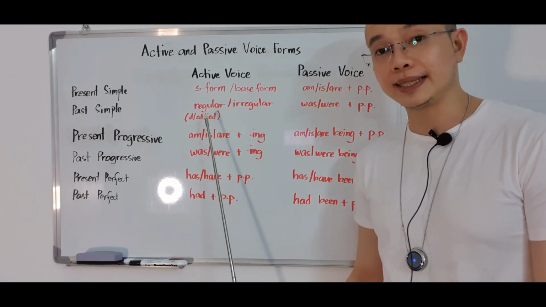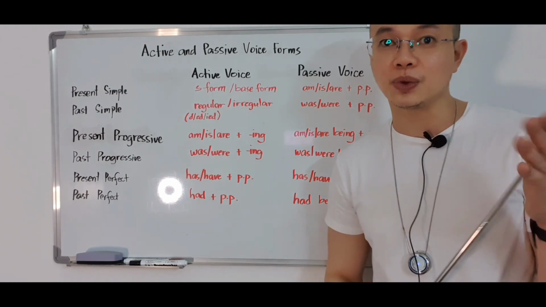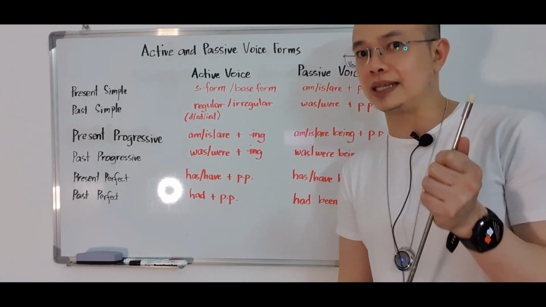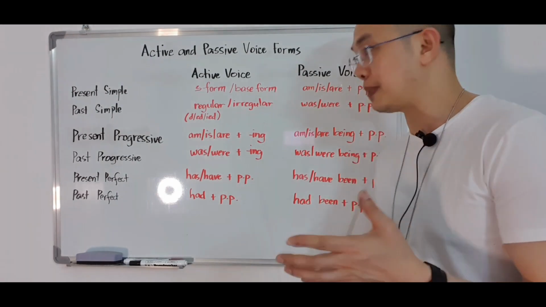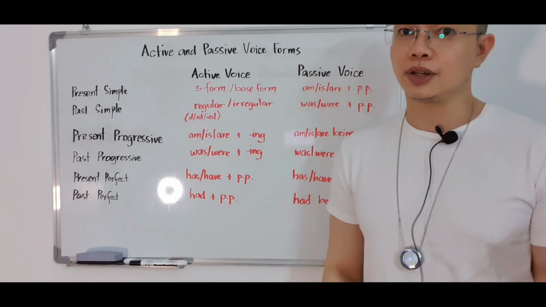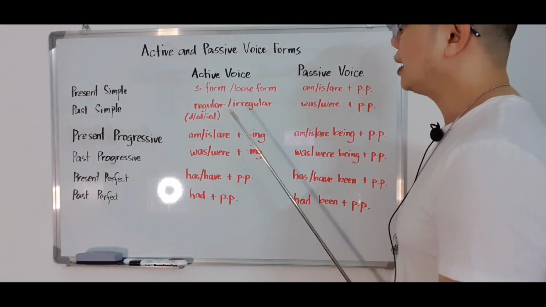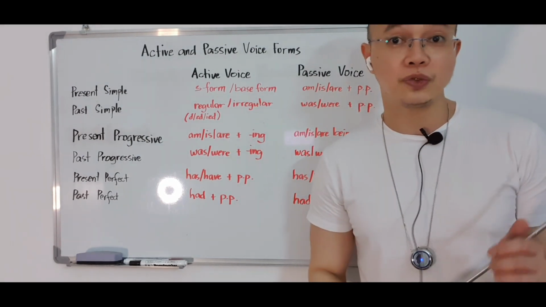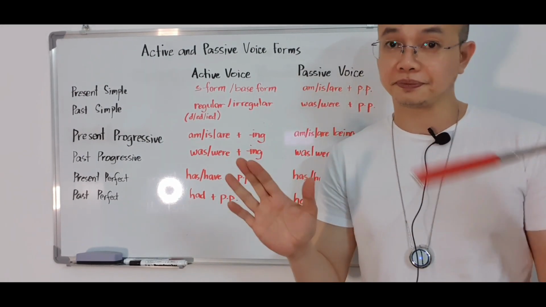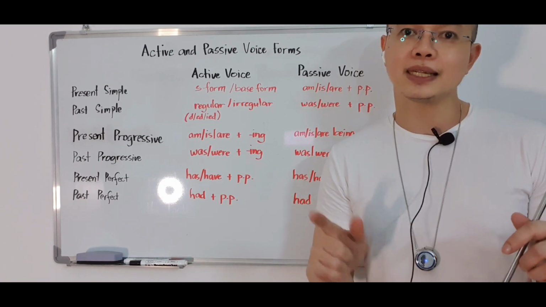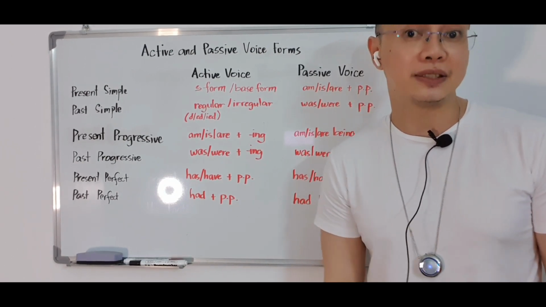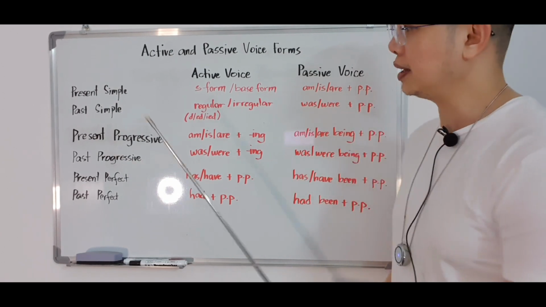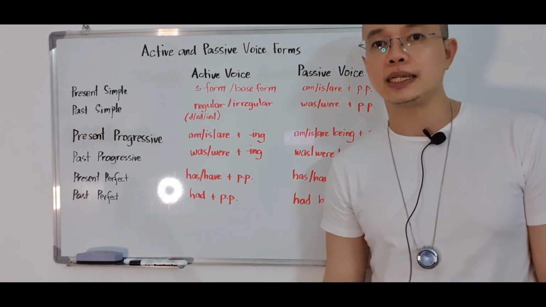For the regular, it is the verb that ends with D, ed or ied. All right, I have separate lessons for that, and the past simple lesson is also in another video. Okay, and irregular verbs are, of course, verbs that form their past and past participle in different forms other than d, ed, and ied.